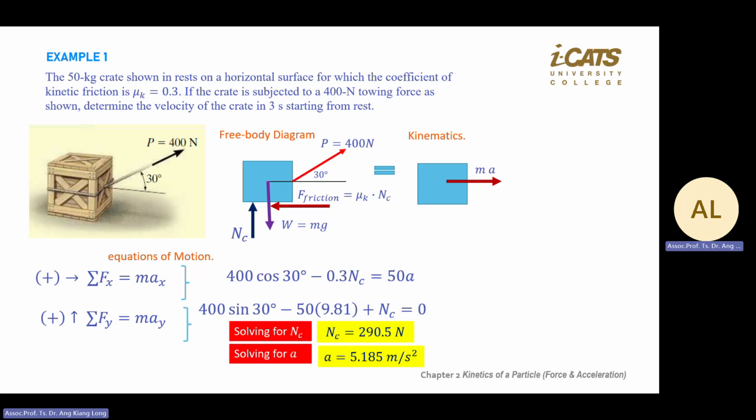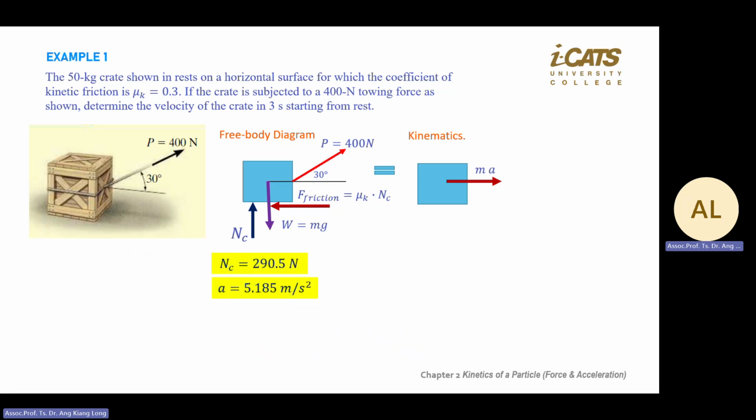And still, we are solving a vector problem. What you see here is not just a number, but with direction. Okay, now we already solved NC and A, but the question asks us to find velocity. Because acceleration is constant, you can use the 3 Newton equations.